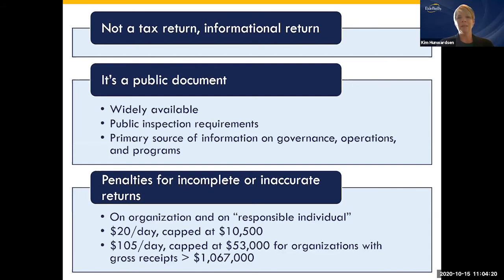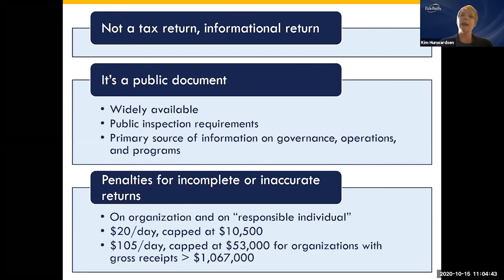It's also a public document, so it is the only document that your organization produces in many cases that's required by law to be made available to the public. So what that means is, due to the public inspection requirements in the code, you have to have this return widely available.